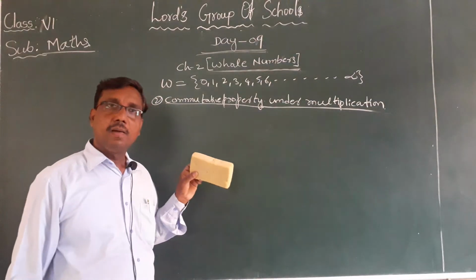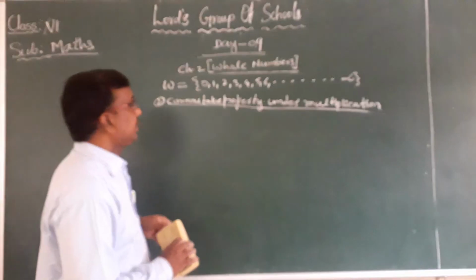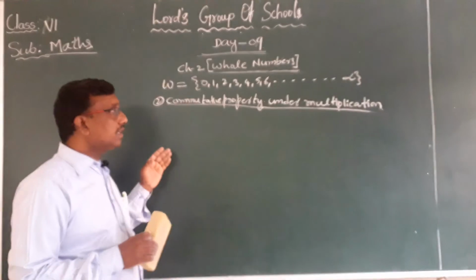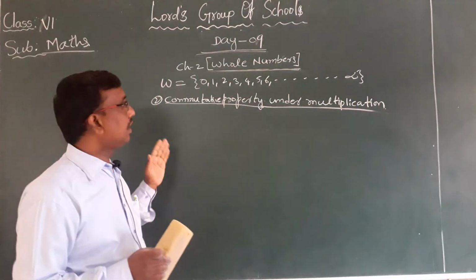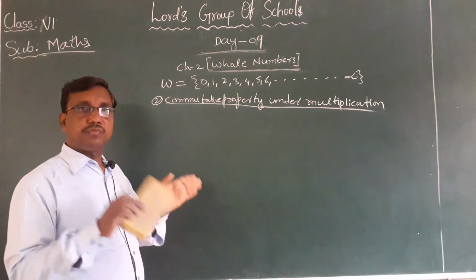Commutative under multiplication. Next topic is the commutative property under multiplication. In this topic, previously we also learned commutative under addition. There we took two whole numbers and found their sum both ways, right to left or left to right.